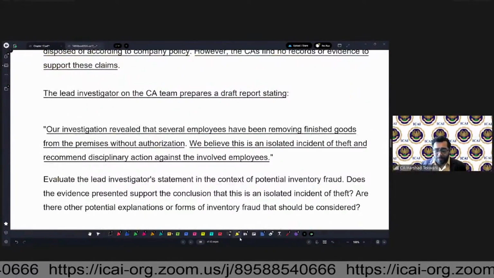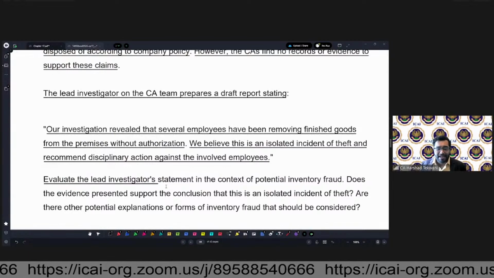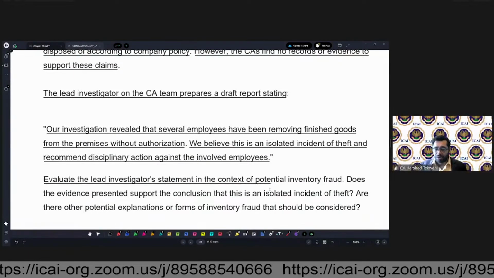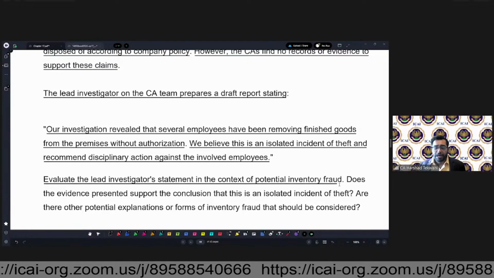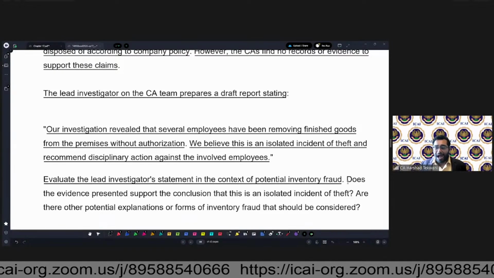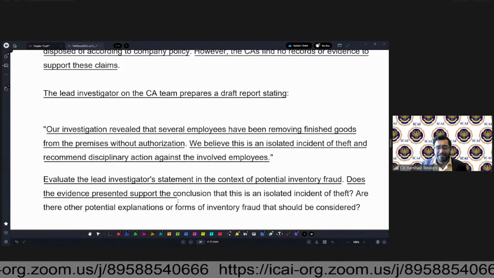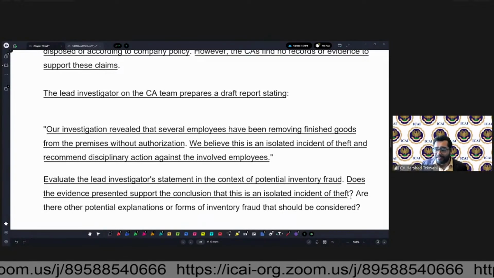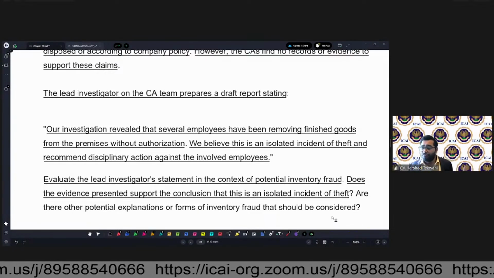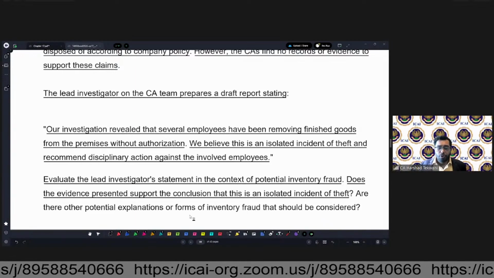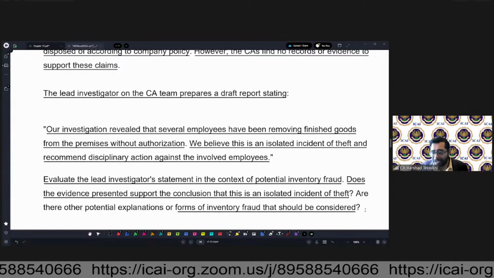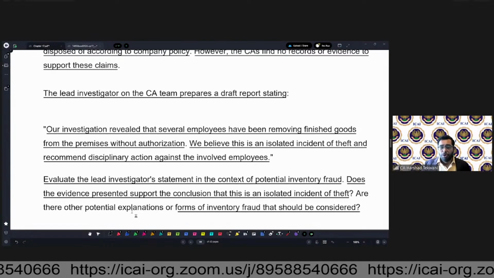You need to evaluate, as an investigator, whether the statement provided in the report on the potential inventory fraud is appropriate or not. Is there any evidence presented supporting the conclusion that this is an isolated incident of theft and there is no scheme of fraud? You are required to discuss the forms of inventory fraud that should be considered here.